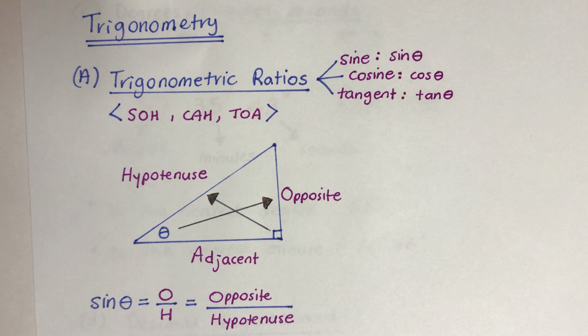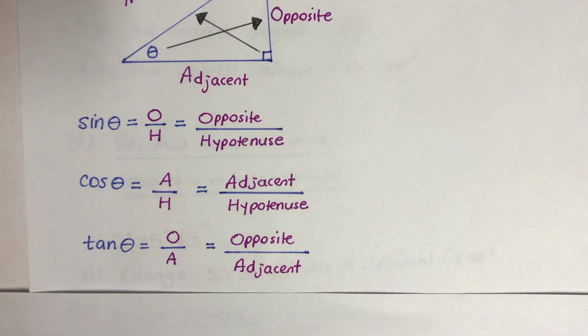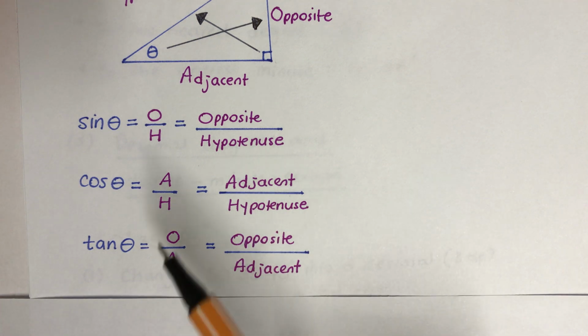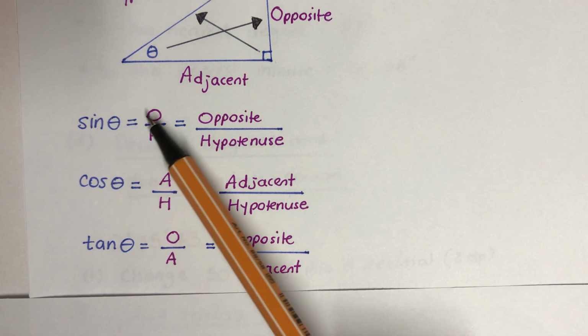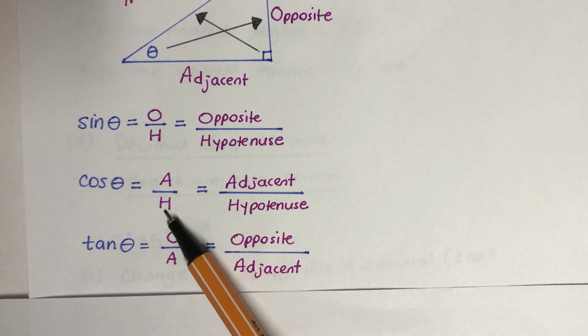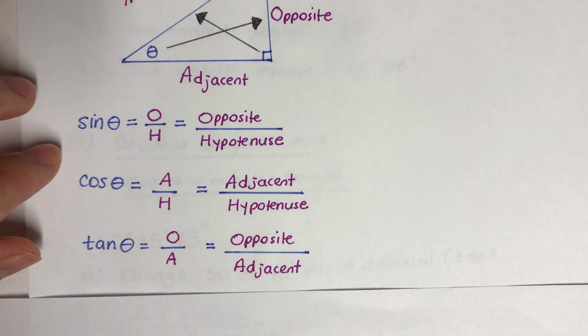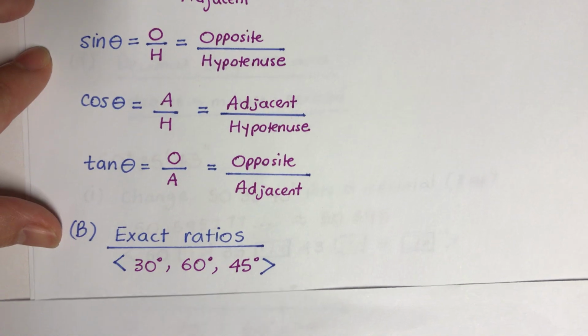So let's have a look at that. So these are the SOH CAH TOA. S-O-H, that's a soh, C-A-H, cah, and T-O-A as a toa. Okay, so that's what it means. Let's continue to have a look at that.